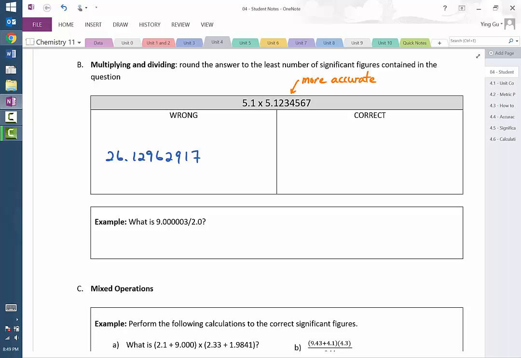The 5.1 is not as accurate, which means that when you multiply these two numbers together, the final answer cannot be more accurate than the least accurate number. Repeat that and just think this through: the final answer cannot be more accurate than the least accurate number that you used in the calculation.